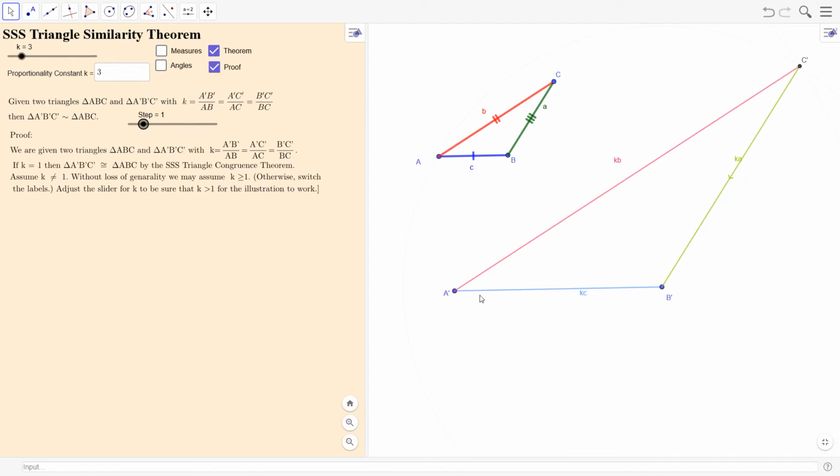The first step is we're going to go out on A prime to B prime a distance of C here.